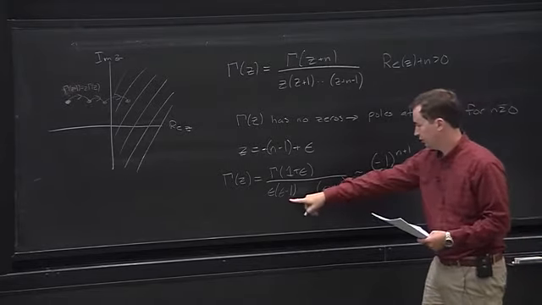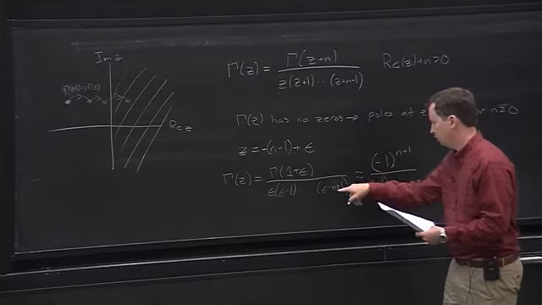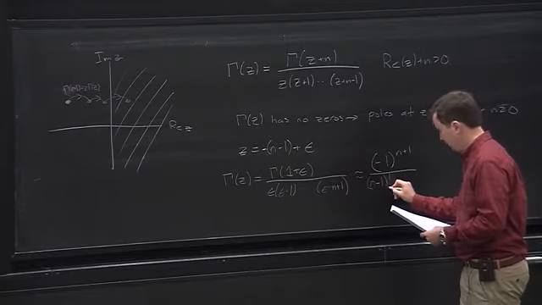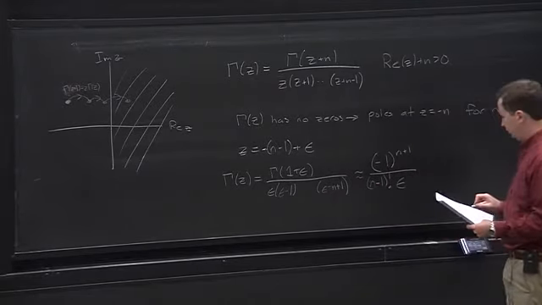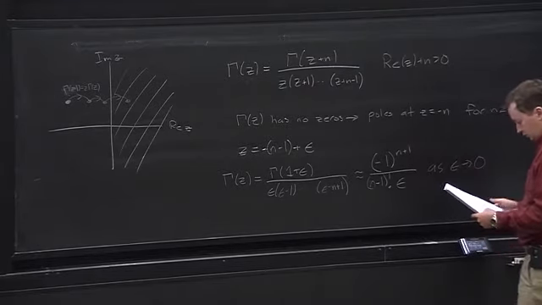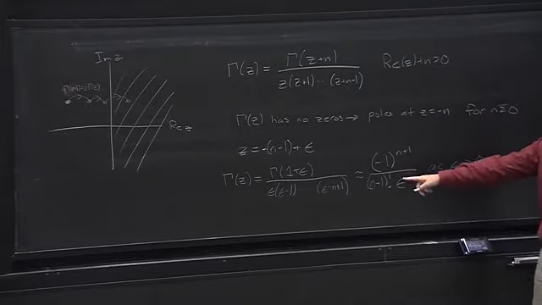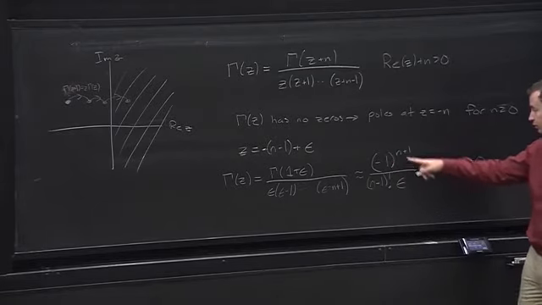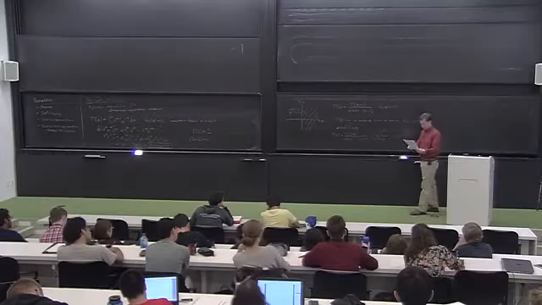And these factors just become n minus 1 times n minus 2 down to 1, so n minus 1 factorial. And there's an epsilon left over. And so this is telling us that the poles we identified are all simple poles, and they have residue minus 1 to the n plus 1 over n minus 1 factorial.